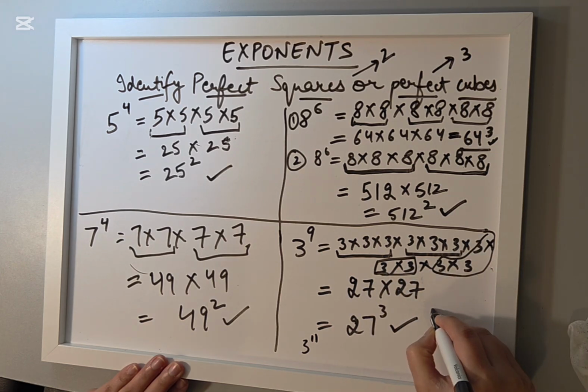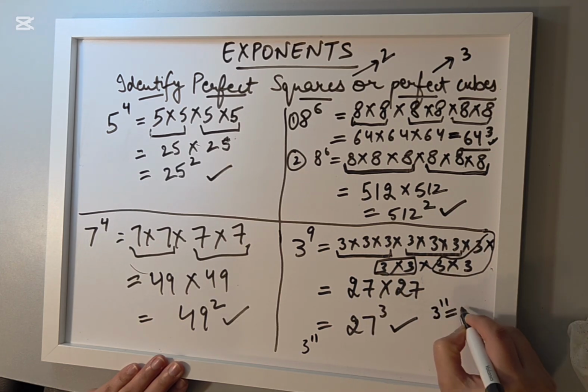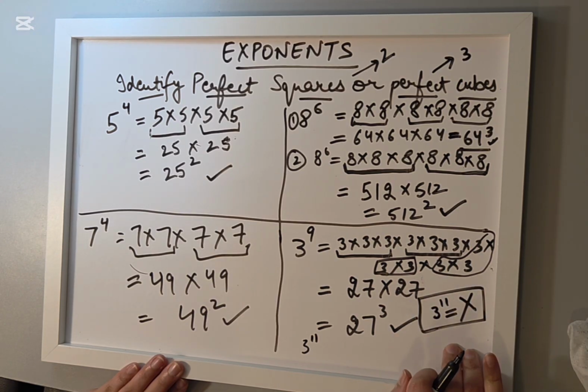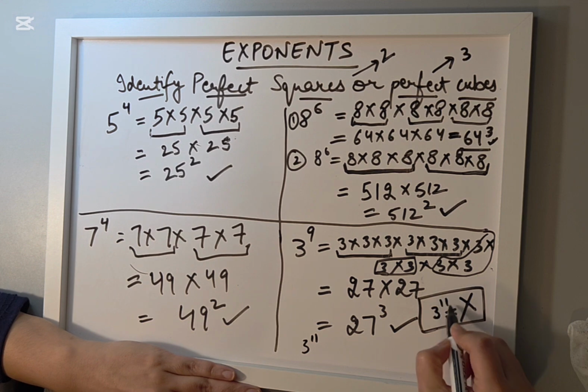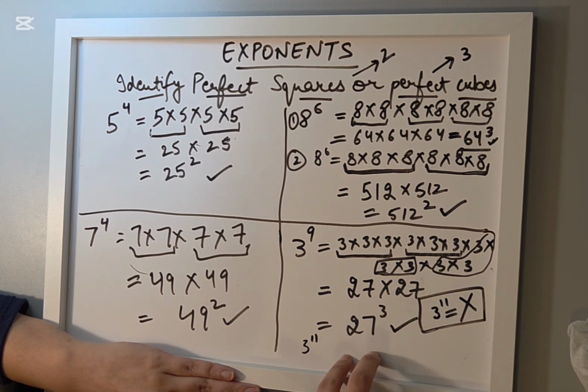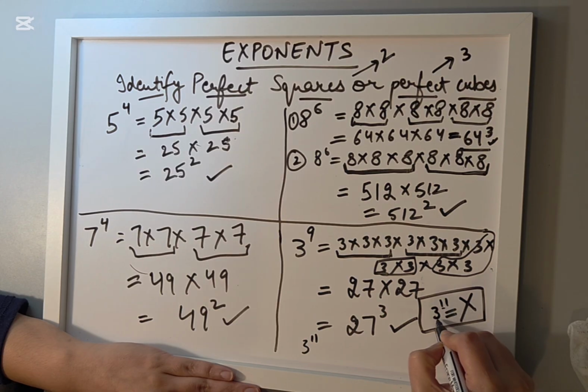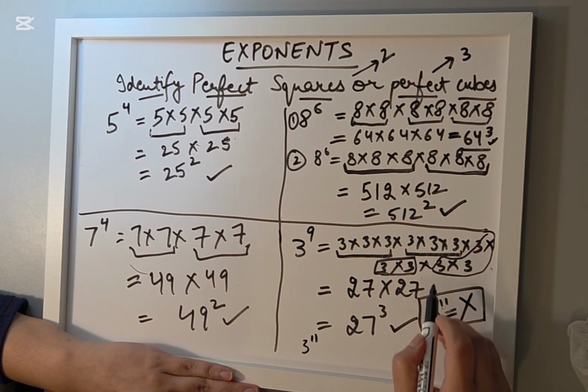Okay, so in that case we can say 3 to the power 11 is not a perfect square or a cube. Okay, because we know if it is an odd power, we cannot make pairs of 2. There will be 11 threes, right? So 1 will be left out.